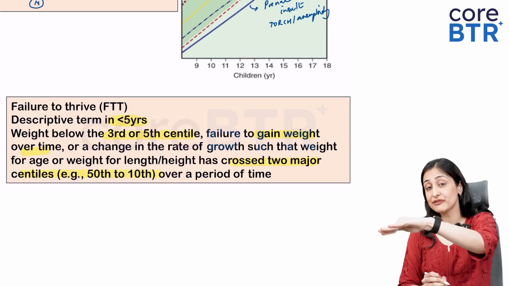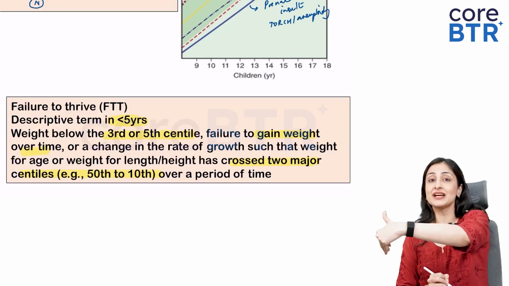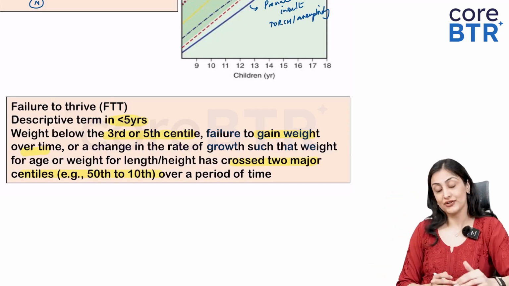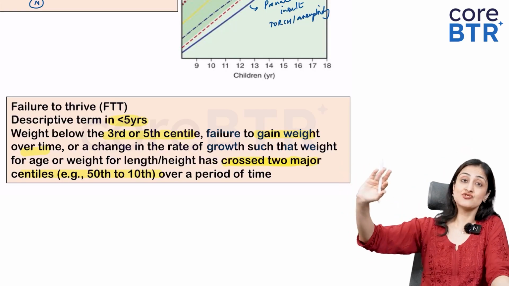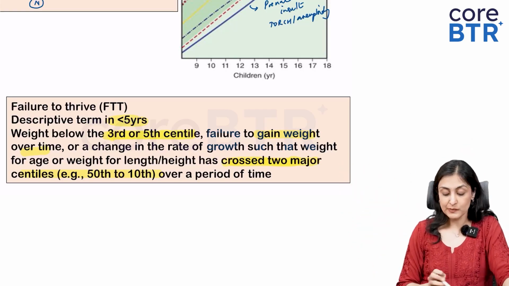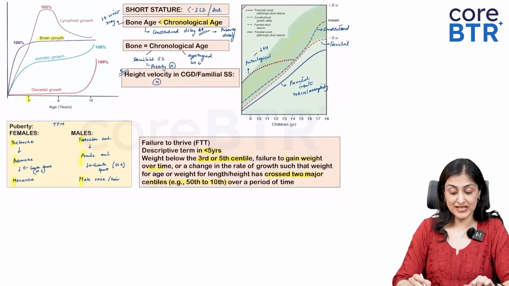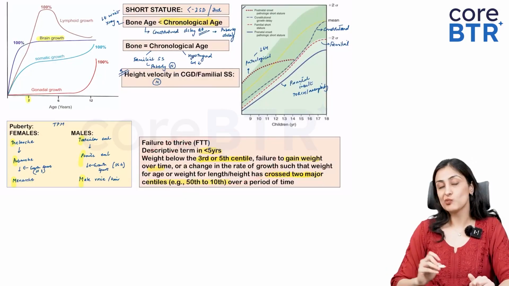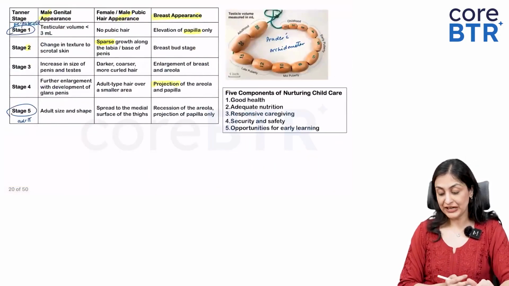For example, you were above 50, cross two centiles, 5th and 10th, and lagged, right? So either you are decreasing markedly, the rate is changing, or you were always below third or 5th centile, right? So that is what is failure to thrive. So I've exactly copied this from OP Guy because I feel this may be tested. All right, so that's failure to thrive.